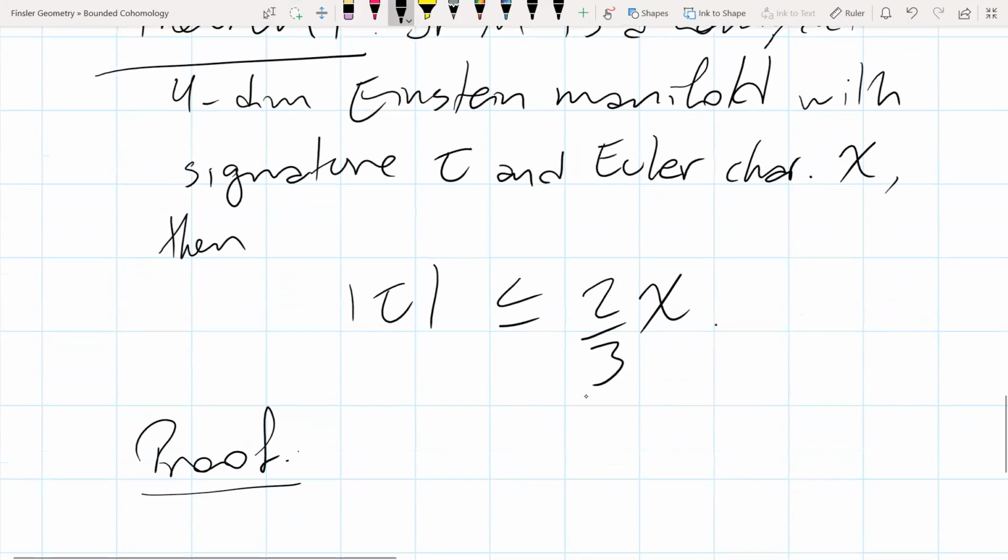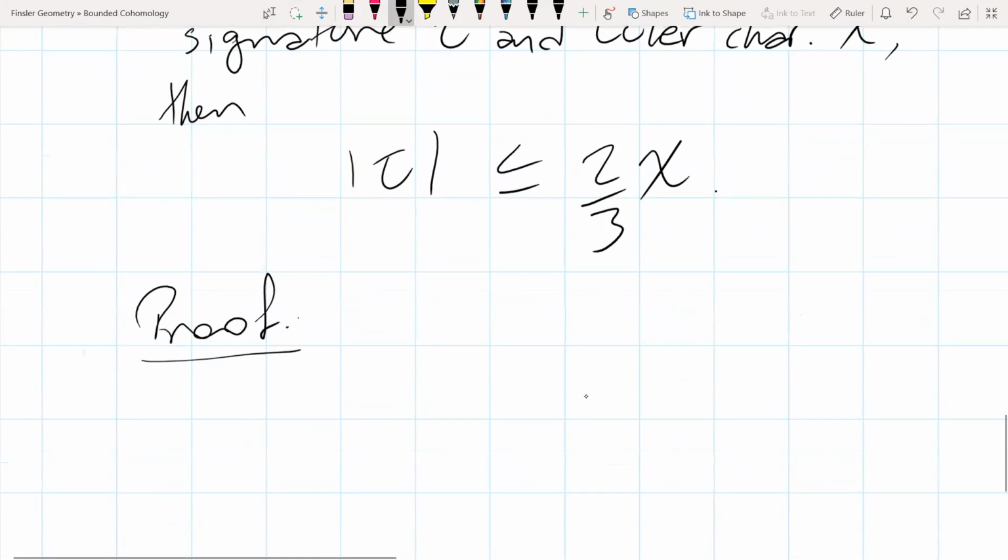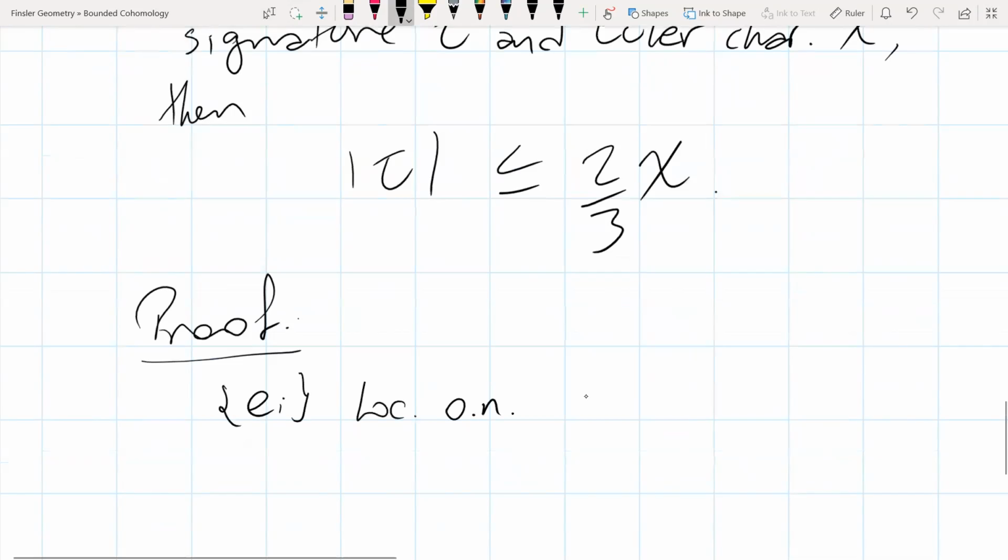It will actually use the Pontryagin class, and then the Hirzebruch signature formula. So we'll begin with the local orthonormal basis of one-forms.